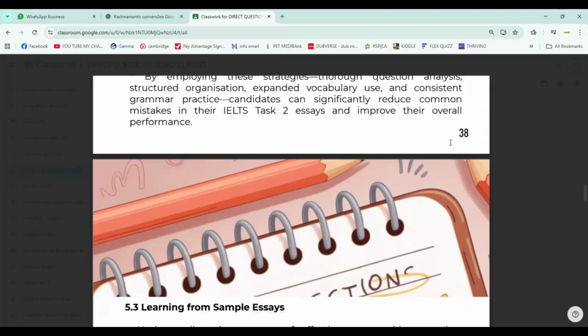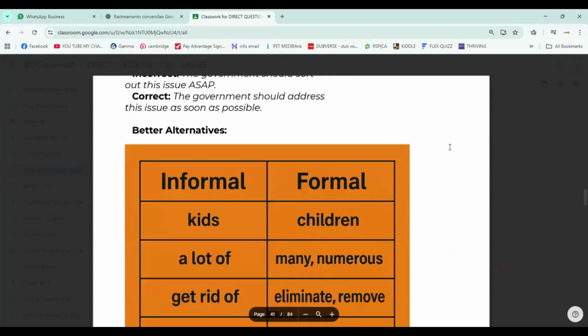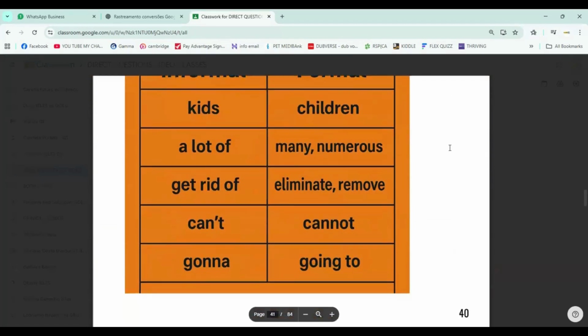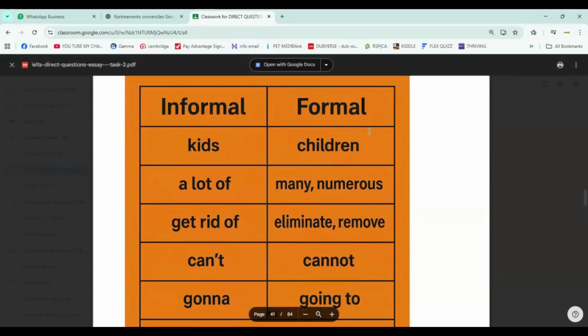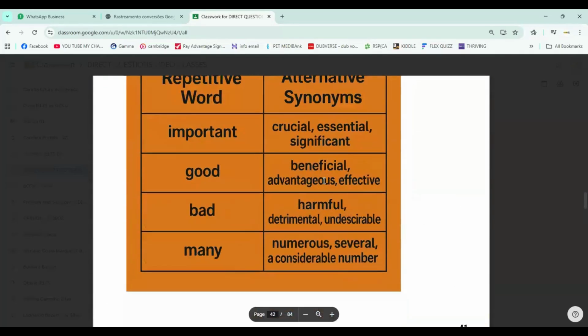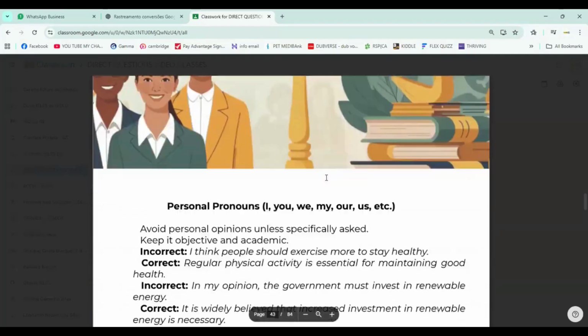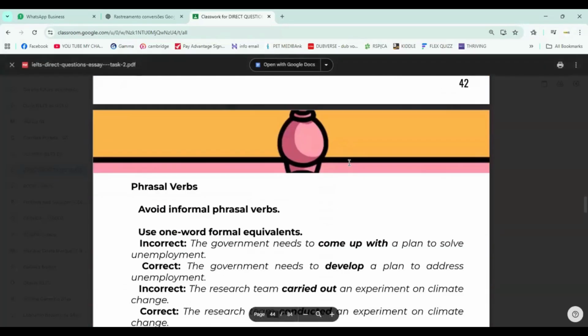And then right after, practical exercises with corrections for the student to practice exactly what's on the IELTS. The corrections, look there, informal and formal. The corrections are there at the end of the book. The passive voice, there's a lot of grammar in the book too, okay?